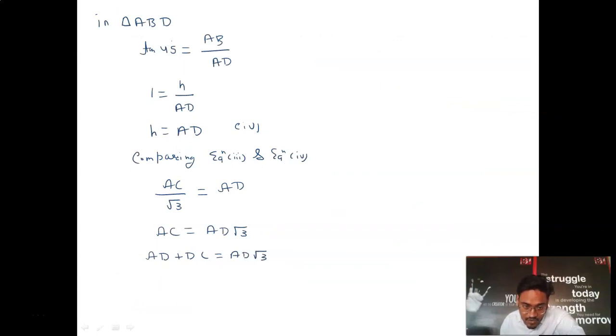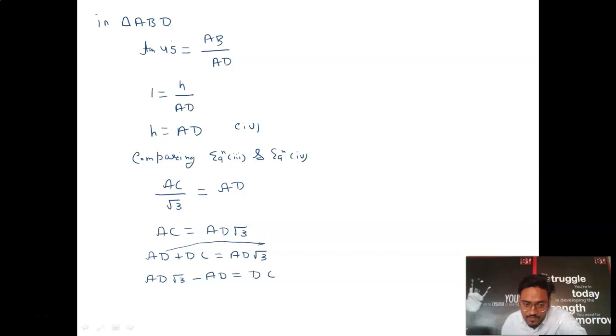So AD plus DC is going to be AD root 3. Now if I simplify further, I would get AD root 3 minus AD. What I did is I just transposed AD to this side, and on the other side I would get DC only.